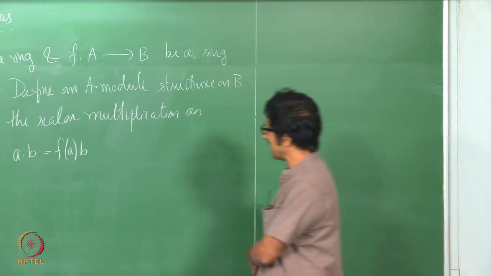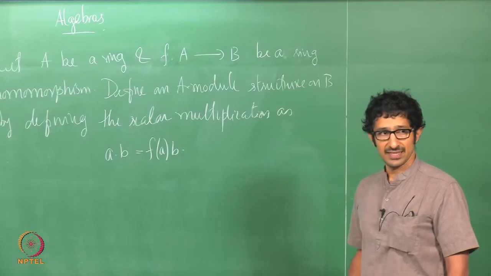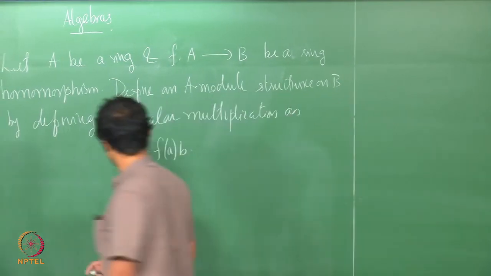So therefore, B has a ring structure as well as an A module structure.